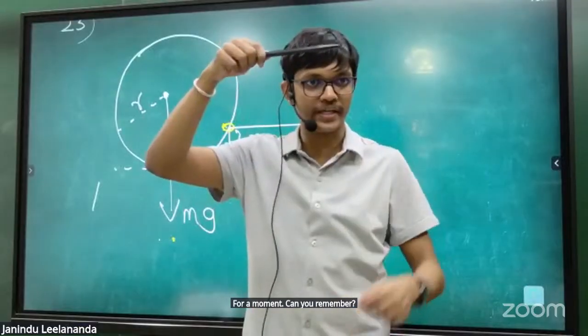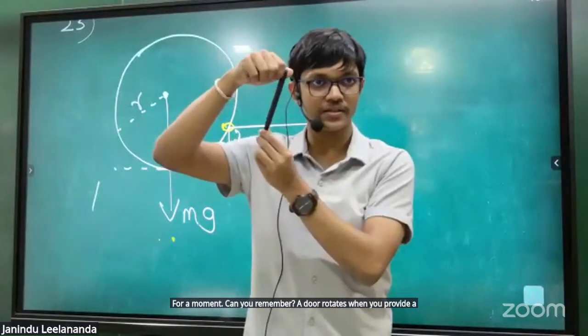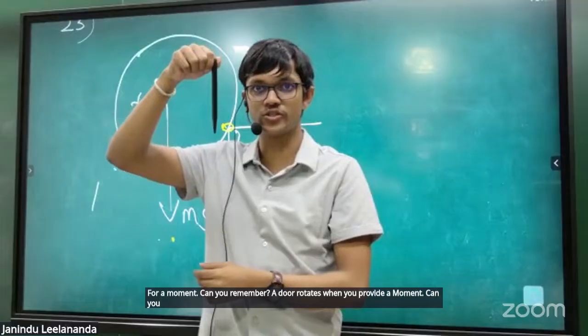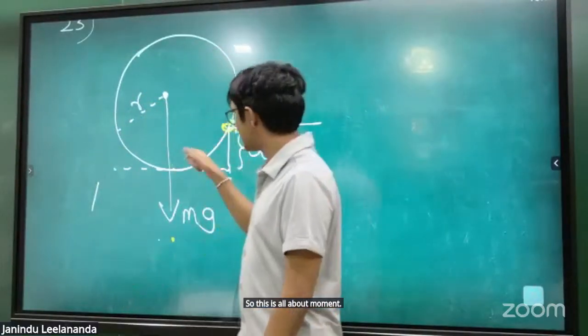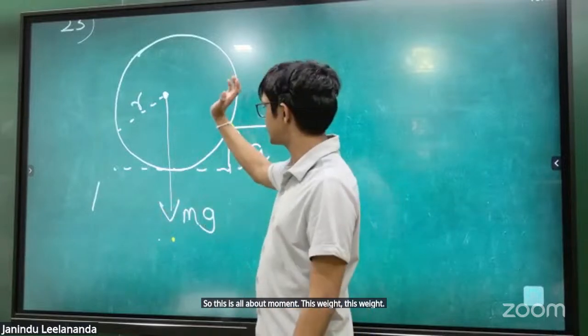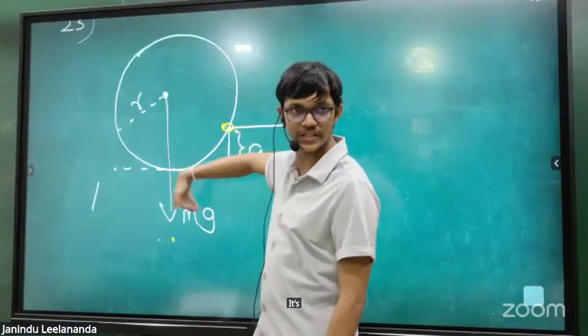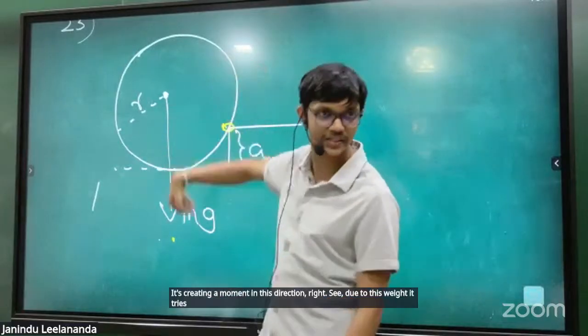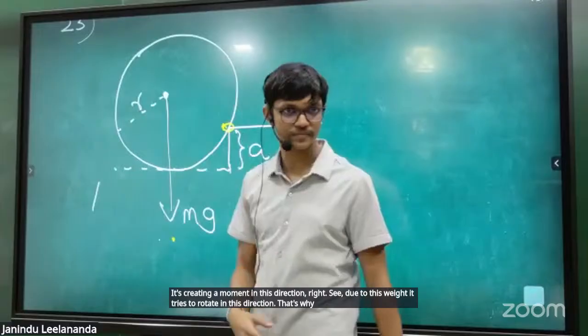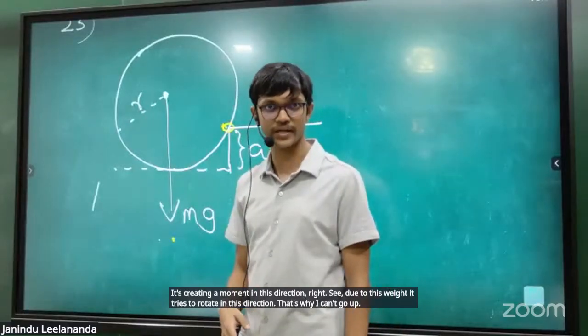A door rotates when you provide a moment. Can you remember from our A level knowledge? So this is all about moment. This weight is creating a moment in this direction, right? Due to this weight, it tries to rotate in this direction. That's why it can't go up.